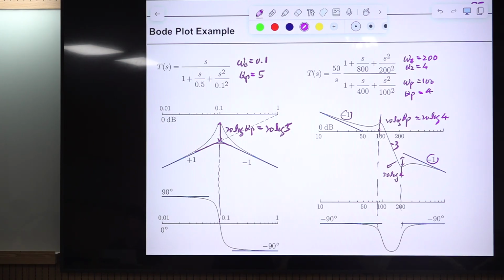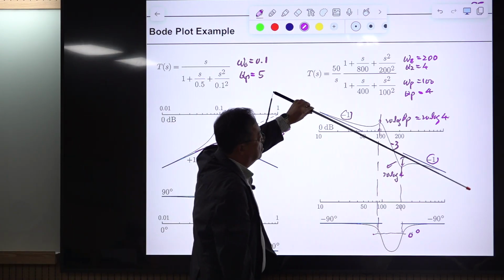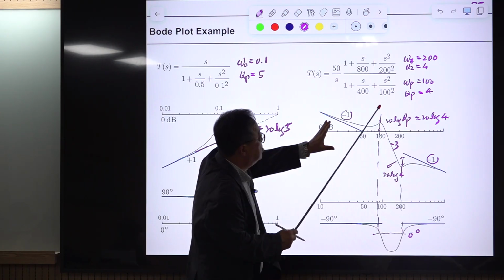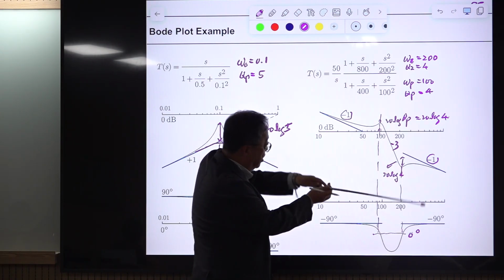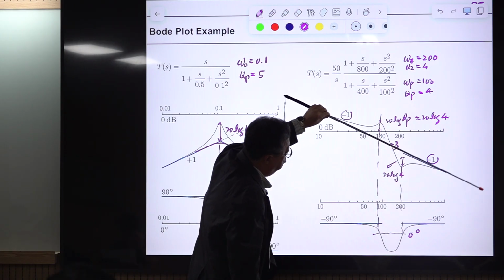At this frequency, the phase will be 0. I don't know where it is, but this phase will be 0, okay? And this line will be connected. So they actually cancel the effect of this and this. They cancel at this higher frequency. So this line should be connected.